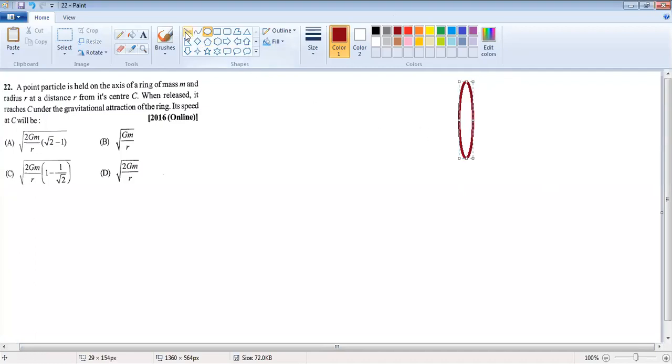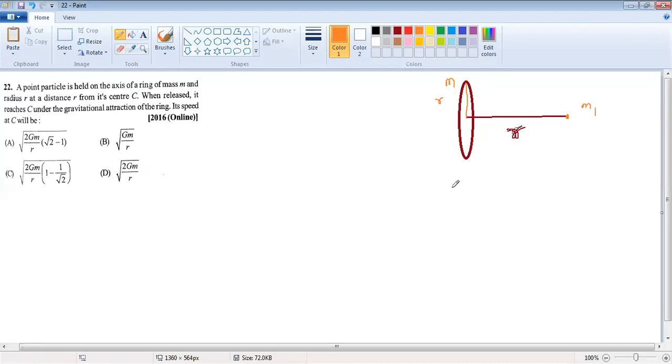This is an axial distance, and this axial distance is R. This radius is also R. This mass is M. He was not given the point particle mass, so let us take an m1 here.